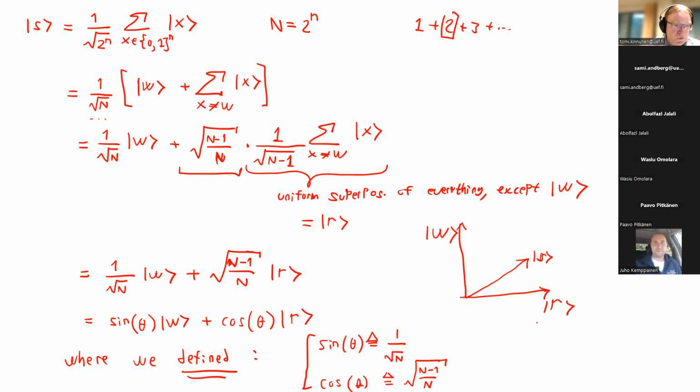If you now remember the unit circle, so to speak: the capital N is potentially going to be very large, and so 1 over square root of N is going to be nearly 0, some small number close to 0 at the beginning of the iteration.